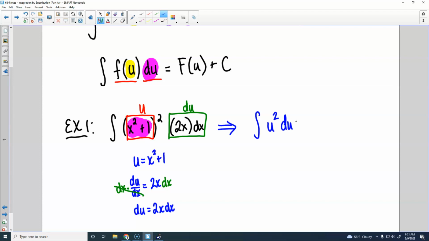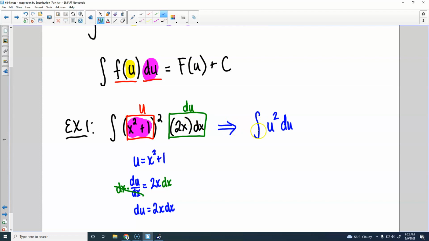And what I want for these problems is I want everything to be in terms of u. I don't want any x's left. So fortunately here my du was there in the problem, right? And then I could replace this right here with u. You may still have exponents left, you may have roots left, you may have a natural log or something like that left, but you should not have any x's left in your problem.